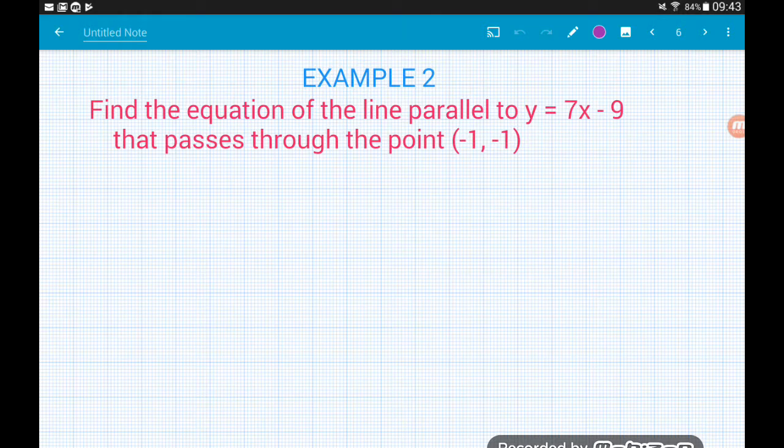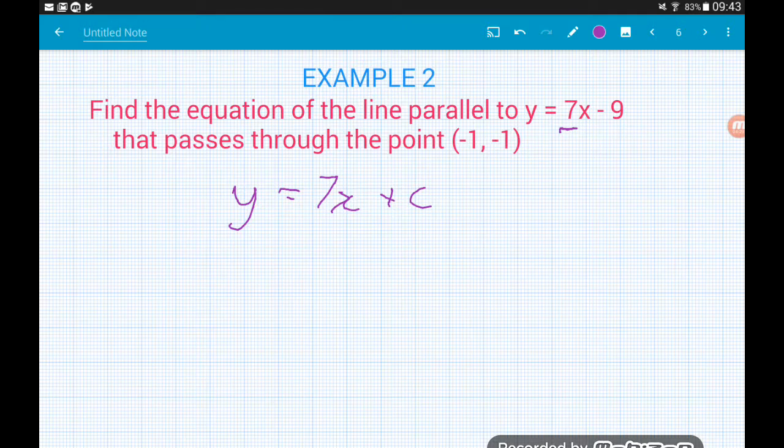Okay, example 2. Find the equation of the line parallel to y = 7x - 9 that passes through the point (-1, -1). So again, the only important part of information from the equation we're given is the gradient, 7. So that tells us the line we're looking for is something to do with y = 7x + c.